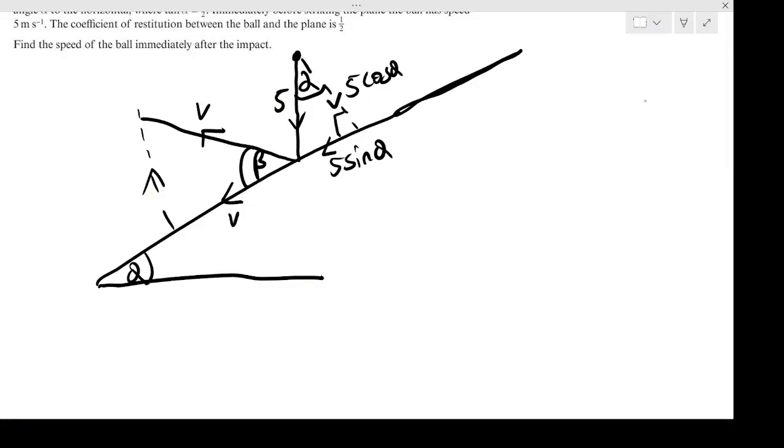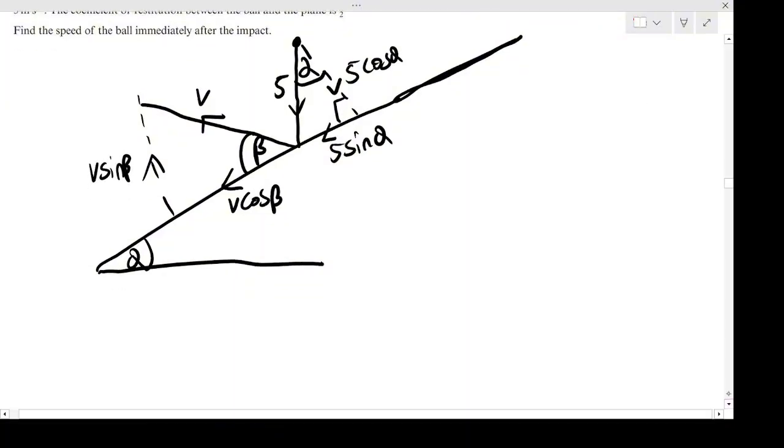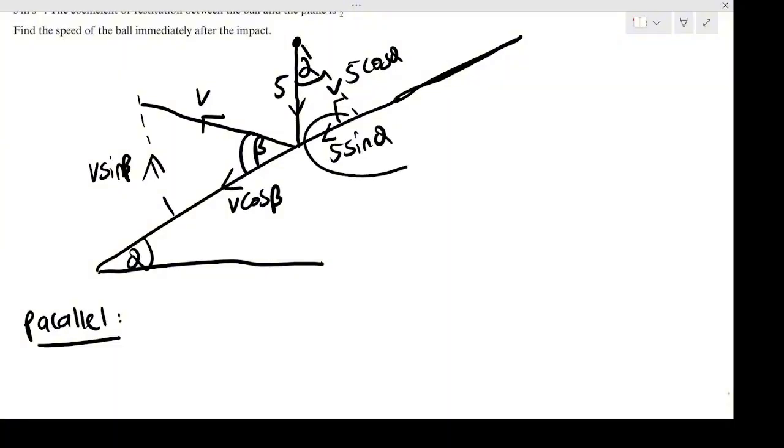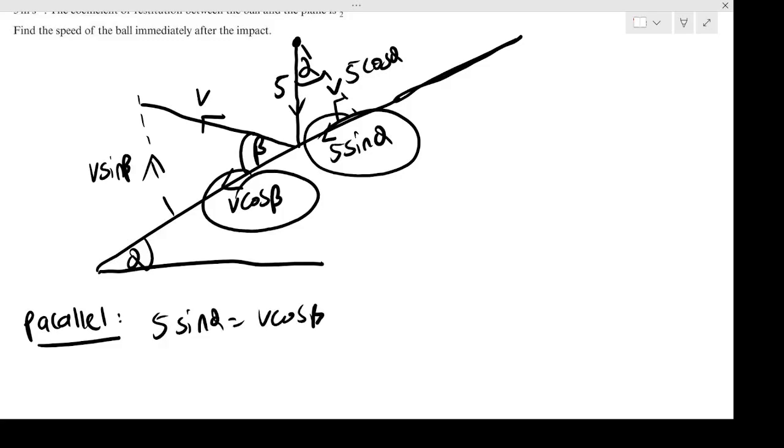Then this is going to be v cos beta, and then v sine beta here. Very similar to what we did previously with all the examples. So now, if I look parallel to the surface, my parallel speeds are going to be 5 sine alpha. That's going to be v cos beta. And then perpendicular.